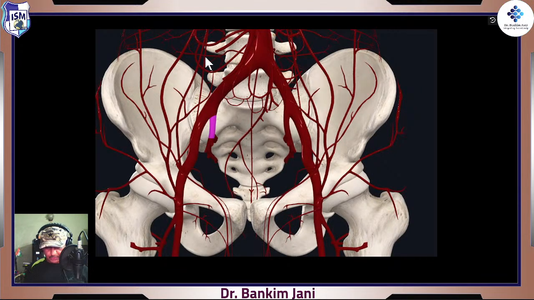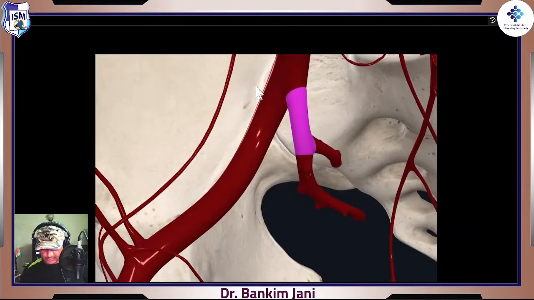Okay. So here this is the aorta, then this is the common iliac artery, this one is external, and our internal iliac is this, right? So that was easy. Let's move further. This one is external iliac artery, this one is common iliac artery, and that's our internal iliac artery. But why are we zooming it?